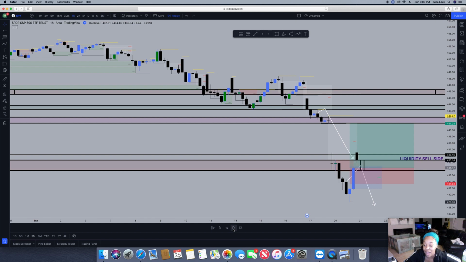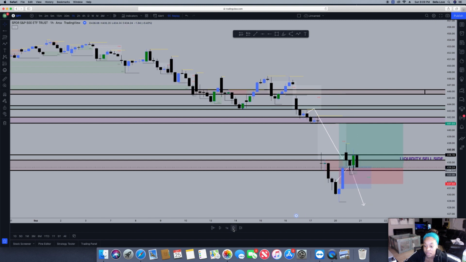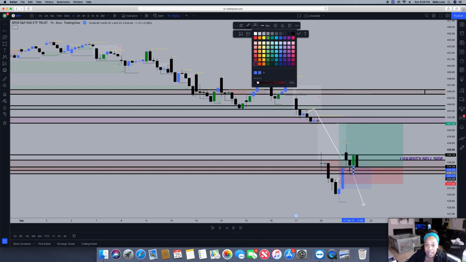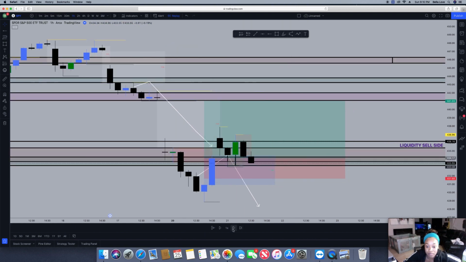All right, so I do want to see this fair value gap get filled. You guys can see right here, another bullish order block was just formed. That means it failed to swing lower. I'm going to make that bullish order block green inside. Just zoom in. And now I'm really expecting for it to go up.